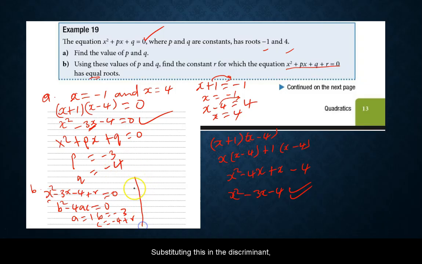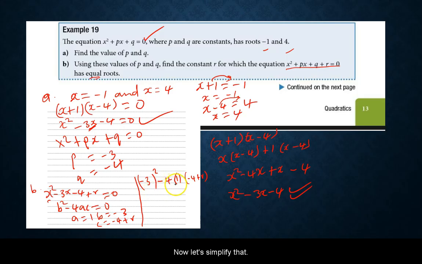Substituting this in the discriminant, we have negative 3 squared, which is b squared, minus 4ac. So it is minus 4 times 1, times negative 4 plus r, because our c is negative 4 plus r.